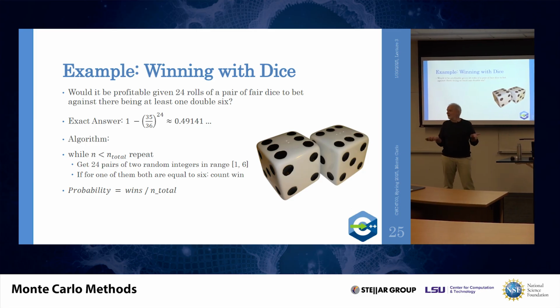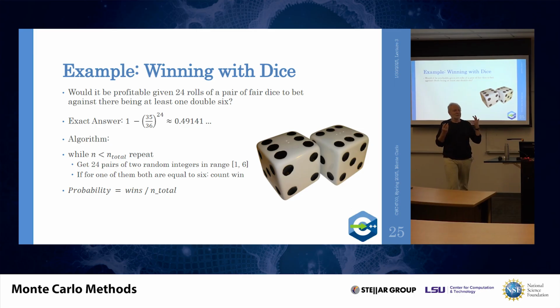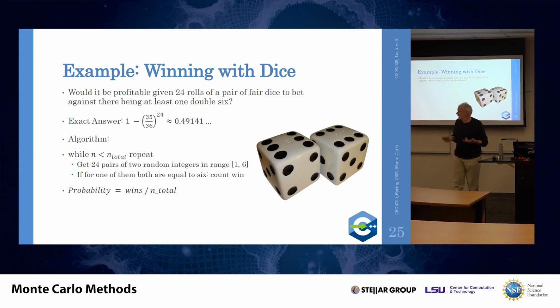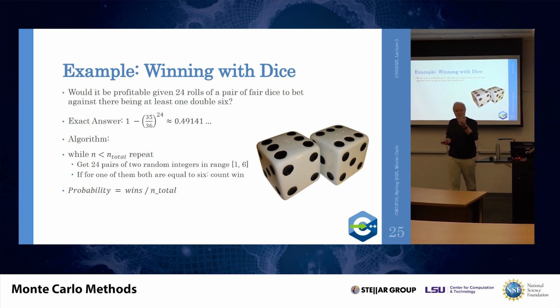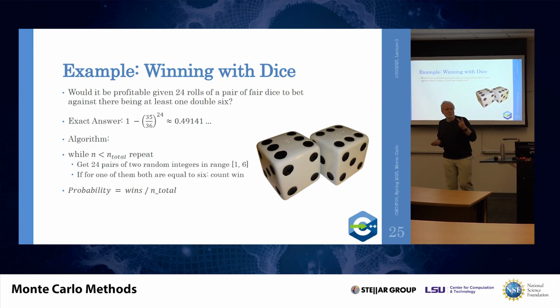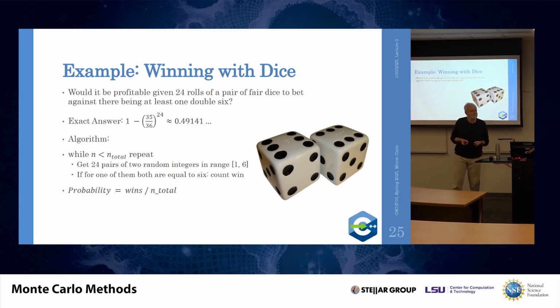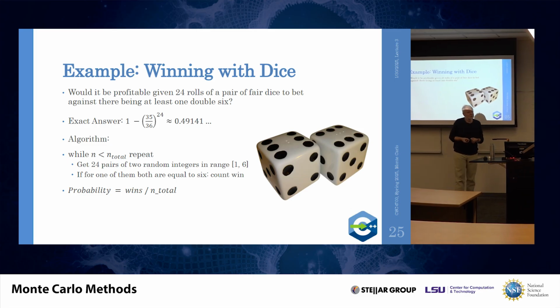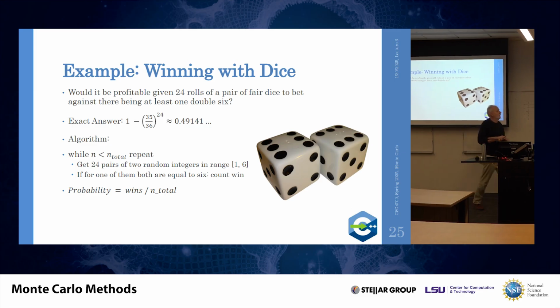But okay, how do we calculate that? Let's first calculate the real probability of that. What is the real probability of that? How do we calculate that? What's the probability with 1 dice to get a 6? 1/6, right? What's the probability with 2 dice to get 2 6s? 1 over 36, right?